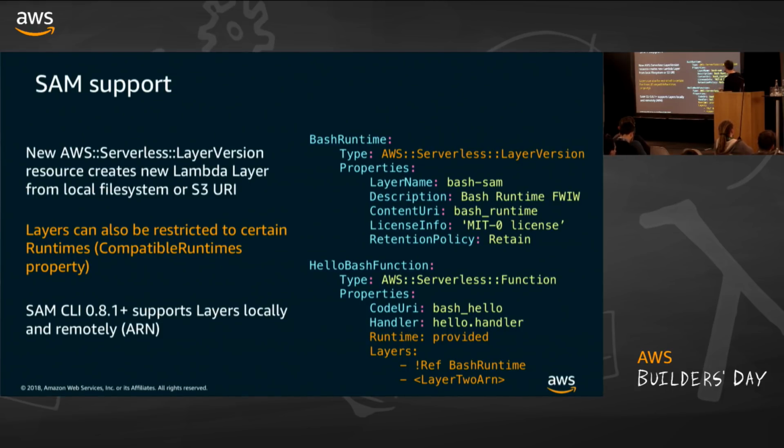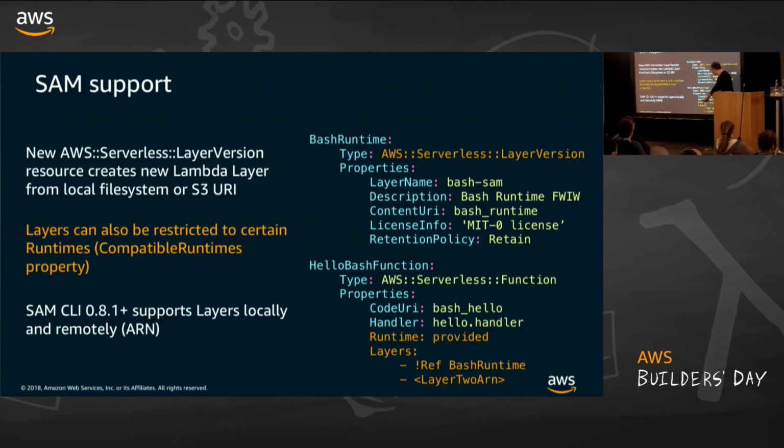And when you have a layer that you create in the same template, or that is already being created, you can reference the layer in your function. So your serverless function has some code, the handler, and then you can optionally specify the list of up to 5 layers. This is an ordered list. And you can reference layers by ARN, or you can reference layers created in the same template by reference.